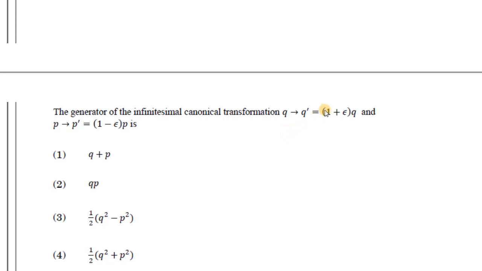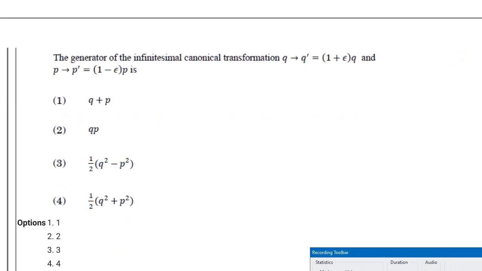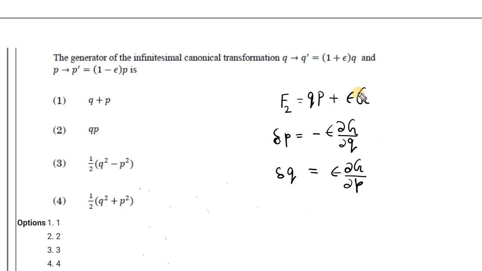This is the transformation from q to q plus epsilon q, and p changing to p minus epsilon p. Then you just apply the formula. Well, just a minute. This is the formula. If you don't know it, then you could not. So I always tell you people to read this.